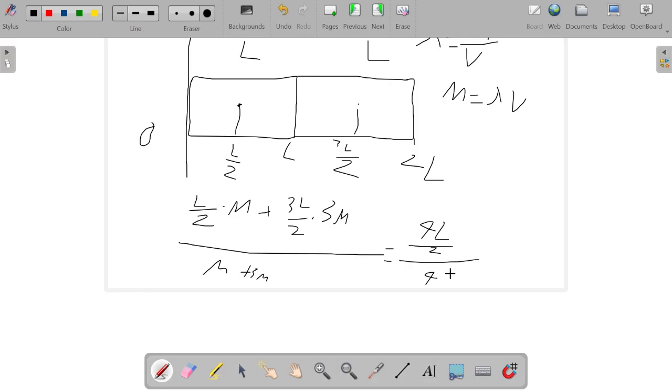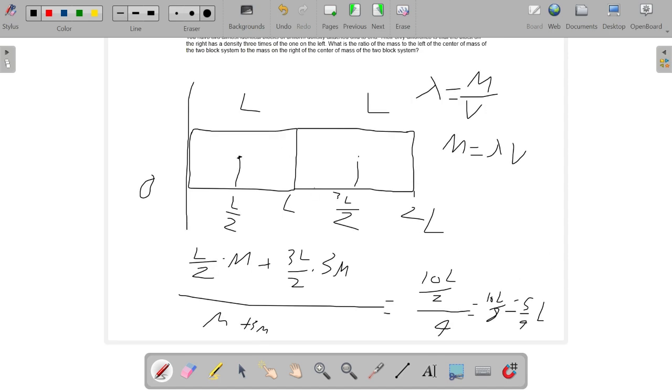Did I do that right? Nope, I horribly butchered my math. Sorry about that. I forgot to multiply these things together. That's my bad. We get 10L over 2 over 4, or 10L over 8, or 5/4 L.